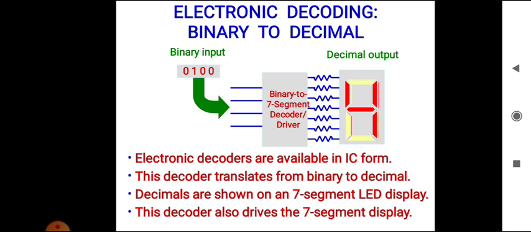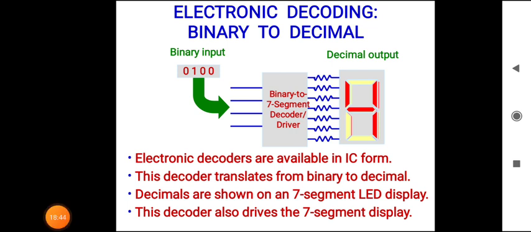Again, electronic decoders are also available in IC form, the same as encoders. This decoder translates from binary to decimal, and the decimals are shown on a 7 segment LED display. This decoder also drives the 7 segment display.